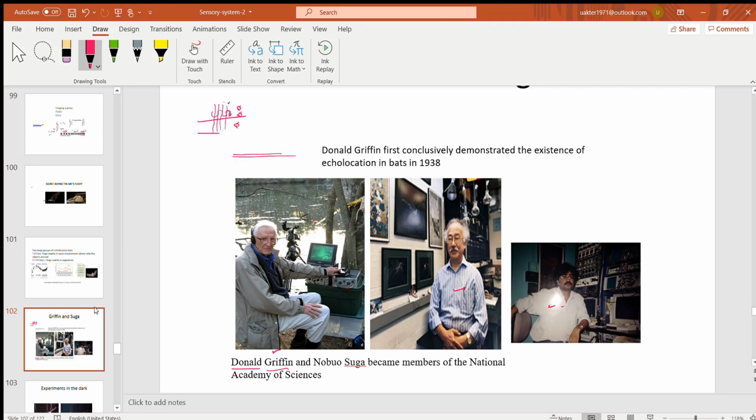Another interesting experiment he performed was to see if the bats can detect the water surface, because when the bats fly at night, some bats eat fish, or when they need to drink water, they need to make sure by listening to the echo that it is the water surface.